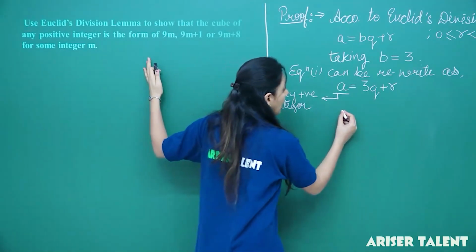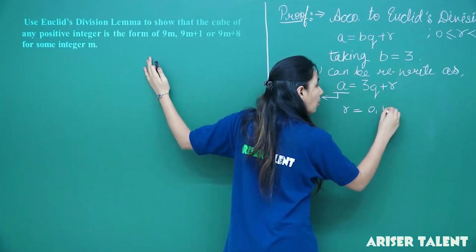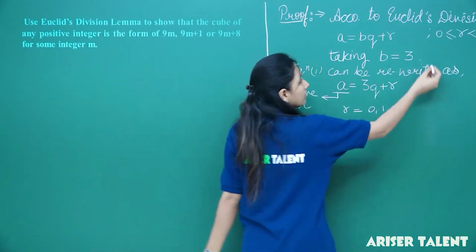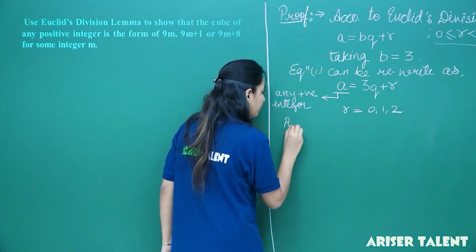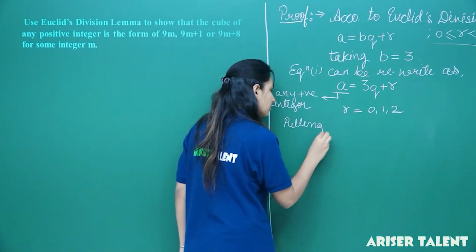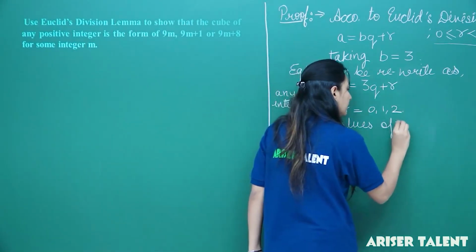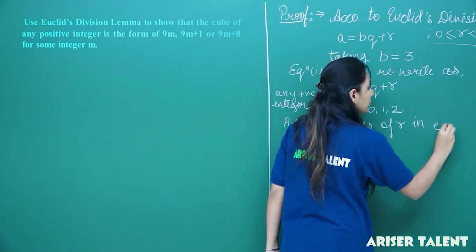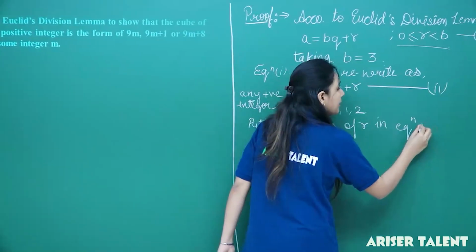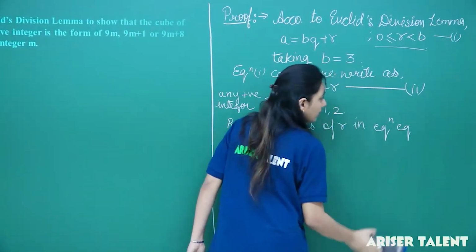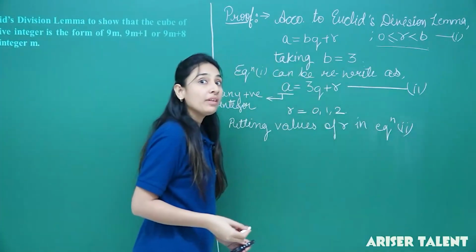So, the value of r may be either 0 or 1 or 2. As per this, putting values of r in equation, let's call this equation second, what will we get?